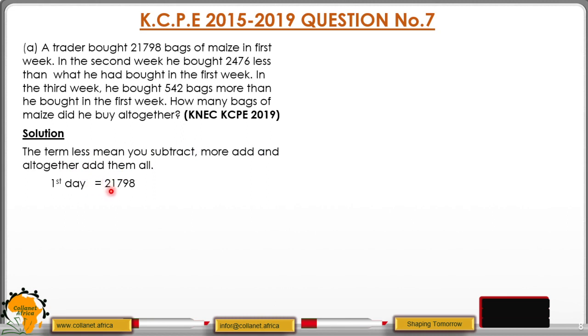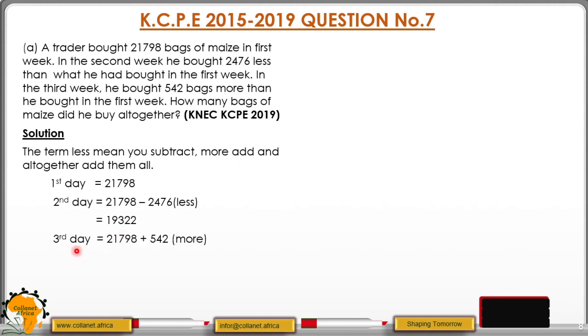First week, he bought 21,798. Second week, he bought what he bought in the first week minus 2,476. So this will give us 19,322.